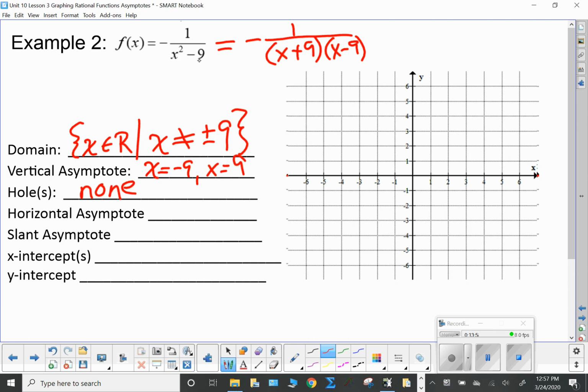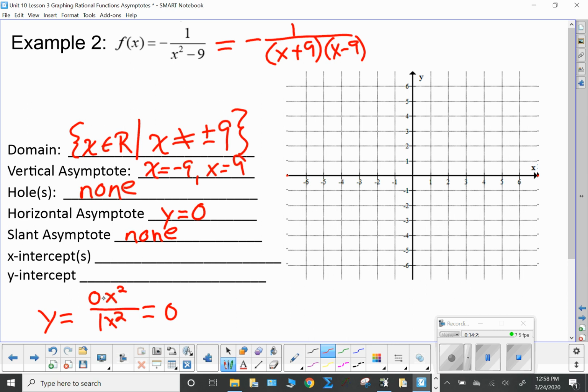Horizontal asymptote. Well, this is an x squared, so I'm going to have 0x squared in the numerator and 1x squared in the denominator. Simplifying, that tells me my horizontal asymptote is y equals 0. My slant asymptote, I don't have one because I have a horizontal. X-intercepts.